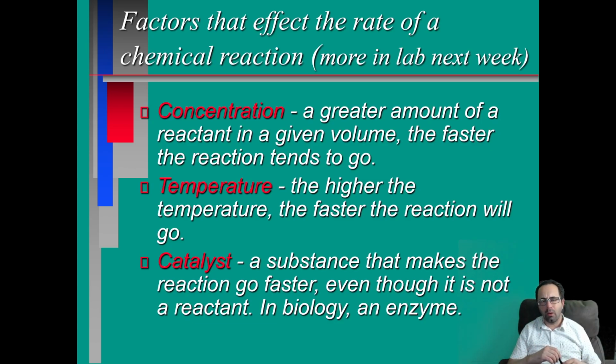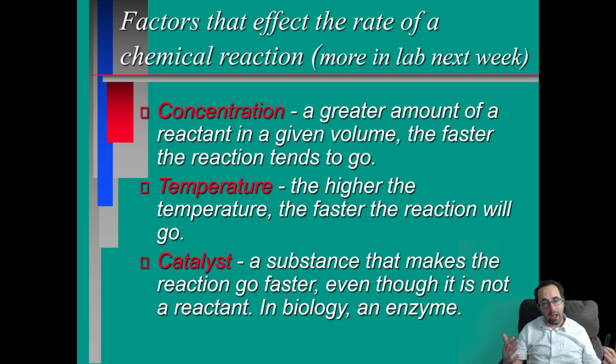So what kind of factors are going to decide how quickly a reaction will occur, if it will occur? First you decide, will it occur by itself or not? Is it spontaneous or not? And if you decide it is spontaneous and will happen on its own, then how fast will it happen? That depends on several factors. One of them is the concentration of the reactants.